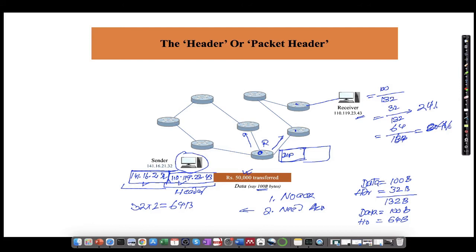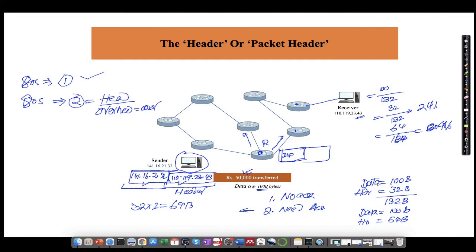So the second one is reliable, meaning the quality of service, QoS, in the second case is better compared to the first case. However, in the second case, the size of the header or the overhead is more compared to the previous one.